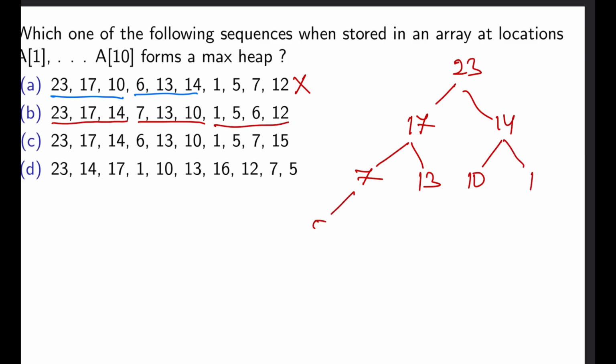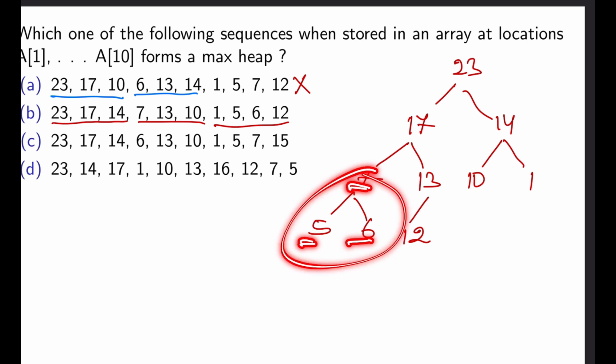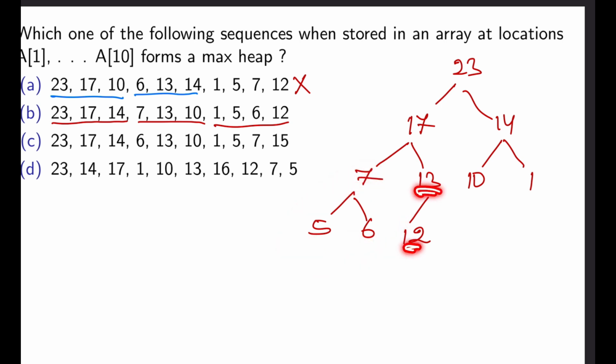Now we have to check the property. 23, 17 and 14 satisfied. 17, 7, 13 satisfied. 7, 5, 6 satisfied. 13, 12 satisfied. 14, 10 and 1 satisfied. So here you can see option B is a heap.